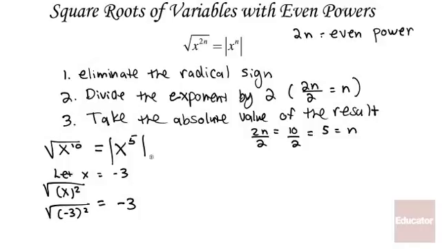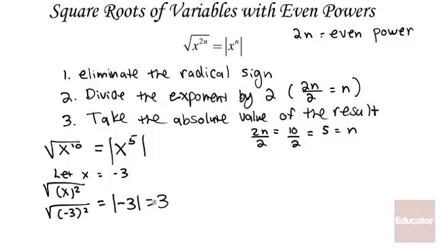Well, I now ended up with a negative number. That's why you need to add the absolute value. If I take the absolute value, I'm going to end up with a positive square root. So instead of ending up with a negative square root, I ensure the positive square root by using the absolute value symbol.